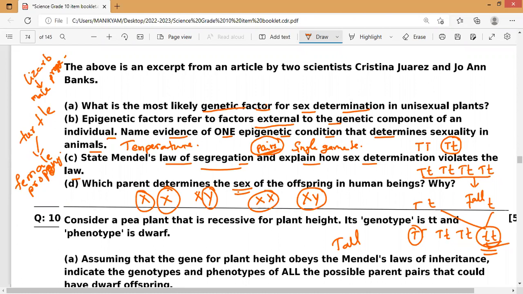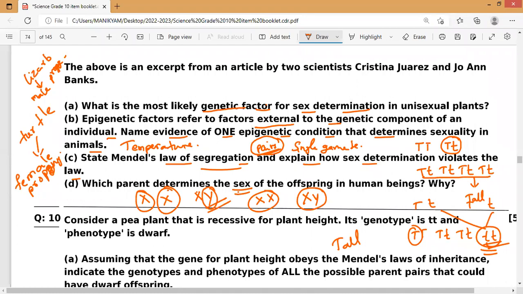So how can we say? Sex determination in plants is determined only by genetic factors. The offspring will get only one copy of a gene from each parent. But if you take sex determination in humans, there is no copy of the Y chromosome present in the female body. Only the male body has the Y chromosome.